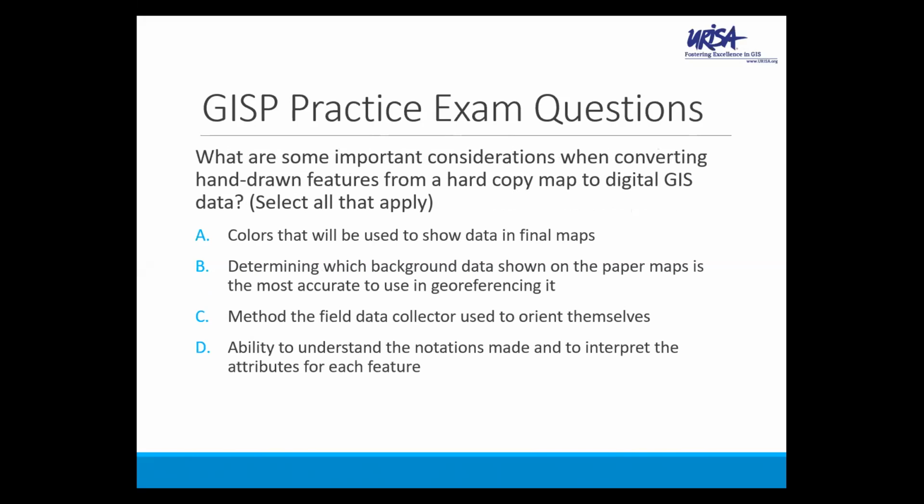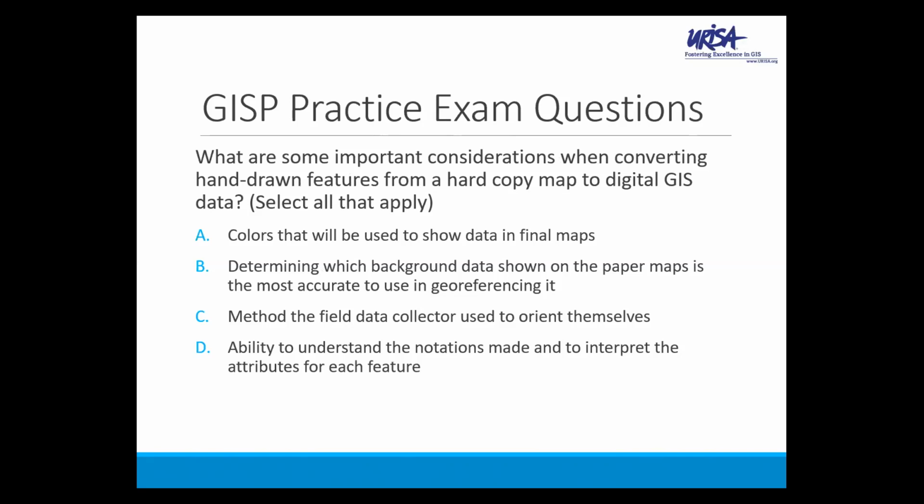Next, what are some important considerations when converting hand-drawn features from a hard copy map to digital data? This goes to the question of knowing what the quality of different data sets is. Colors really don't tell us much. The method the field data collectors used to orient themselves tells us something, but that's a reasonably good answer, probably a good choice.